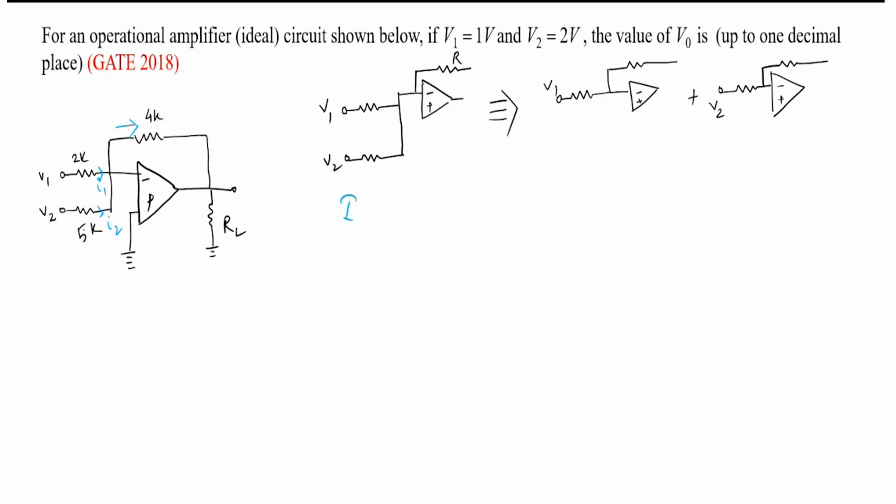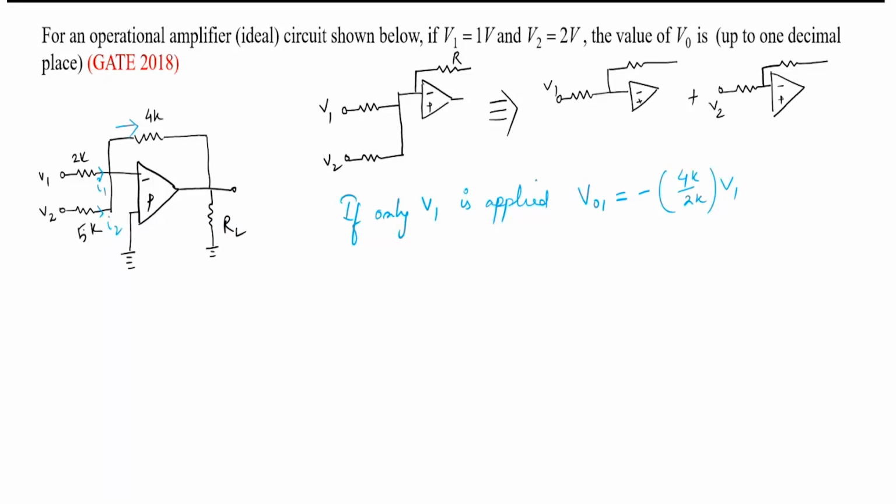Now, if only V1 is applied, what is V naught? It is an inverting amplifier, right? Minus 4K by 2K into V1.